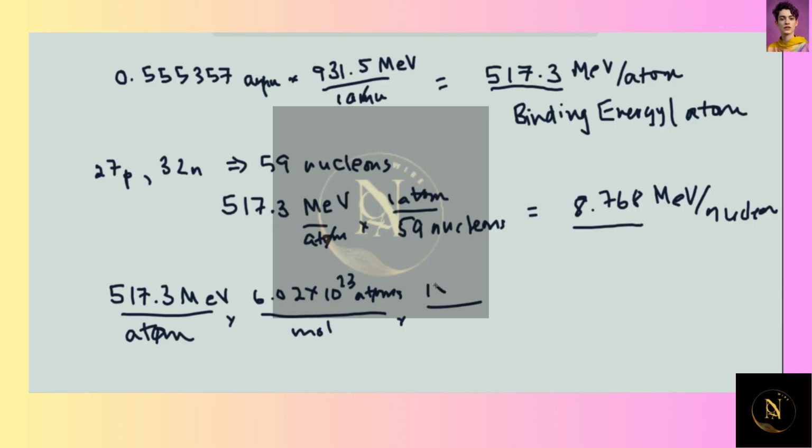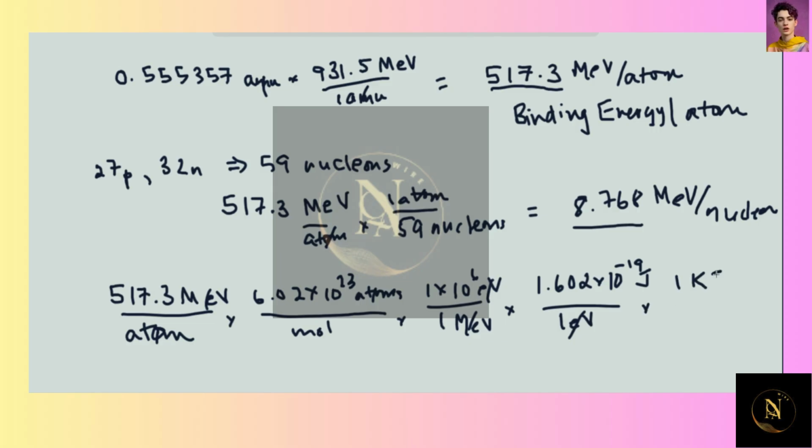And there are 1 times 10 to the 6th electron volts for every mega electron volt. And there's 1.602 times 10 to the minus 19 joules per electron volt. And finally, 1 kilojoule is equal to 1,000 joules.